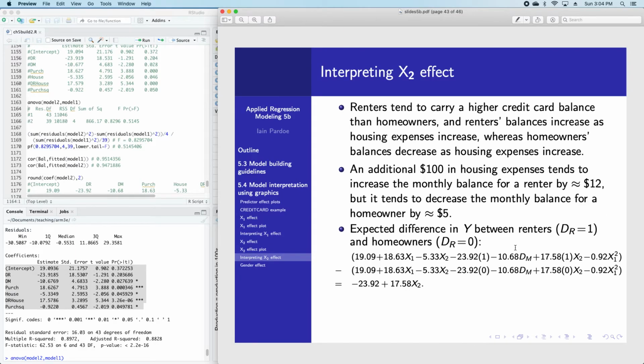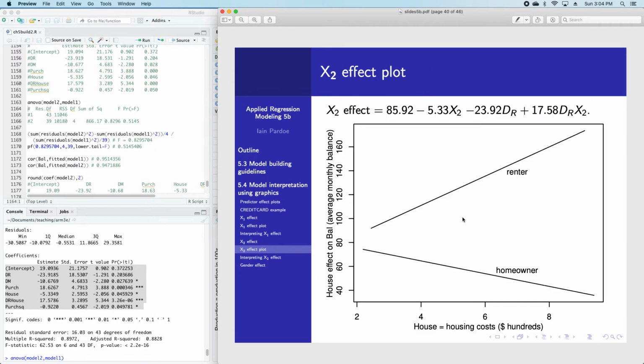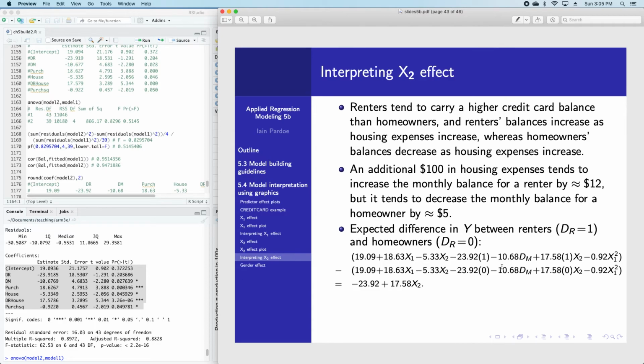We could also look at the difference between renters and homeowners. So what I'm looking at here is the vertical distance between these lines. So it increases as housing costs go up, and that's given by this function here. So all I'm doing is, again, plugging in dr equal 1 for renters, dr equals 0 for homeowners.